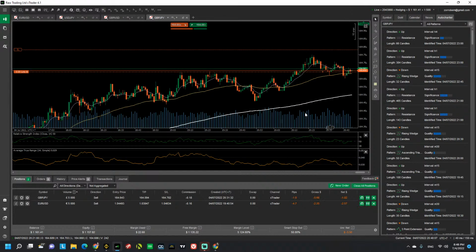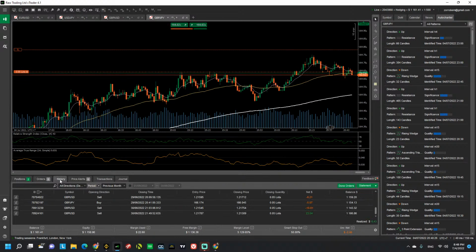So as you saw, we already made one loss today, and we tried to take this other trade, and we'll try to see if it works. What we had right now is a loss; this was previous month.